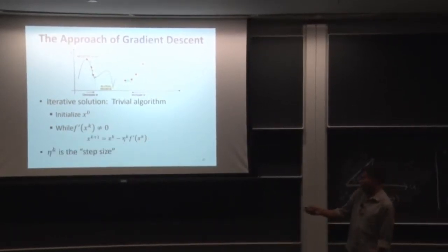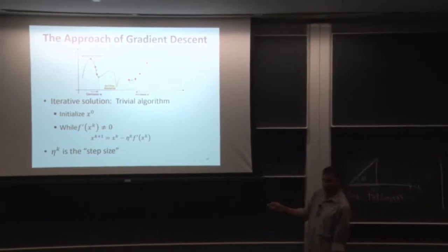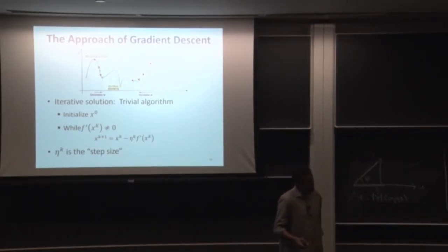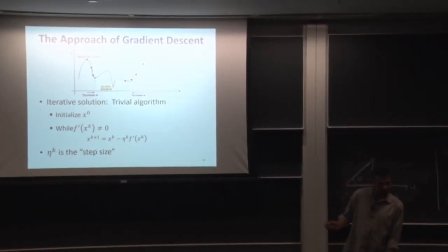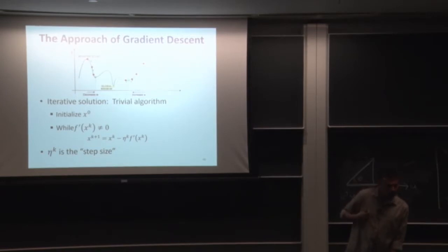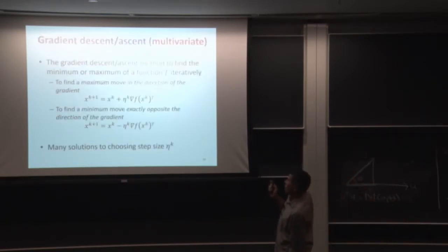Except now I can merge the two and just say I directly use the derivative and use some step size, which is some unknown parameter. We'll deal with it later. So all of these are exactly the same logic that we began with, meaning if the derivative is positive, you walk against the direction of the derivative. Otherwise, you walk in the direction of the derivative, and you will hope to decrease the function.